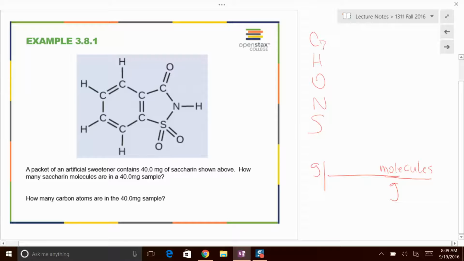So, 7 carbons there. Hydrogens: 1, 2, 3, 4, 5 hydrogens. 1, 2, 3 oxygens. Nitrogens, I only see 1. And sulfurs, I only see 1. Does everybody feel like that's correct? We're okay with that?